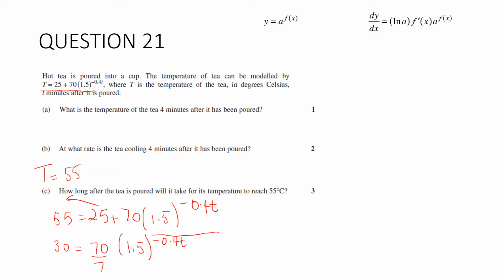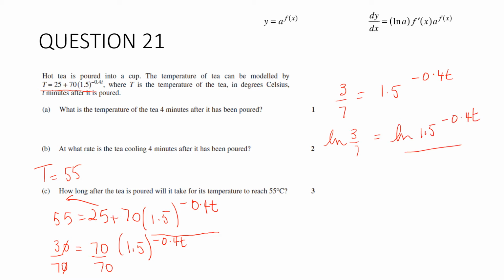And then divide both sides by 70 to get rid of that. So we have 3/7 is equal to 1.5 to the power of negative 0.4t. Now I could pull this out of index form into log form, but it's not really going to help me very much, so I'm going to take logs of both sides. So I'm going to go ln of 3/7 equals ln 1.5 to the negative 0.4t.